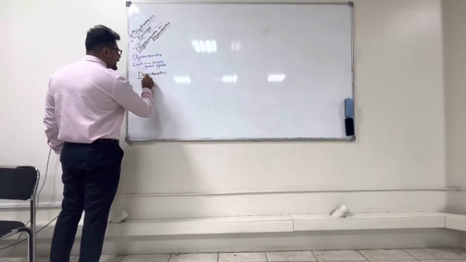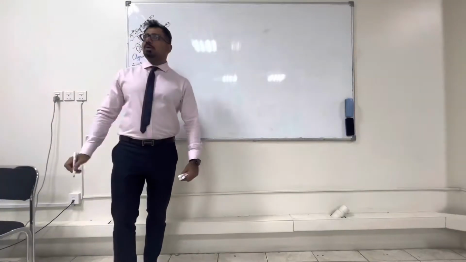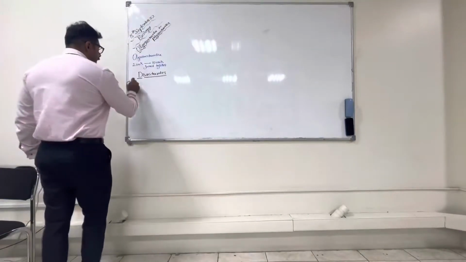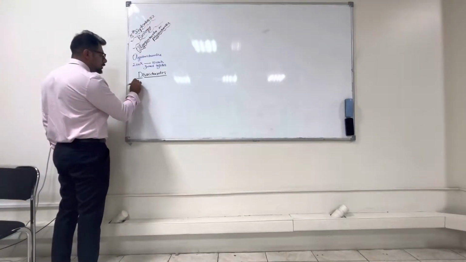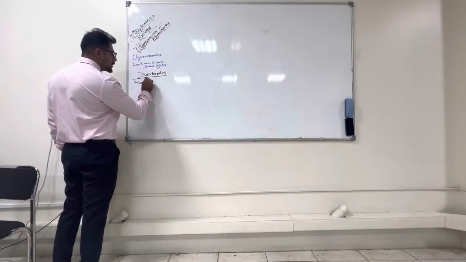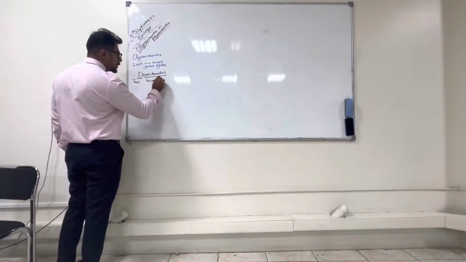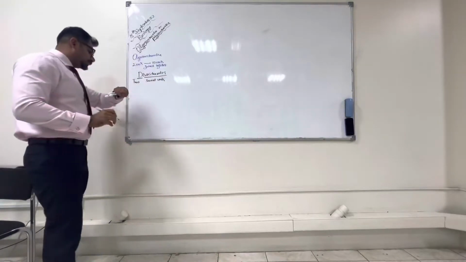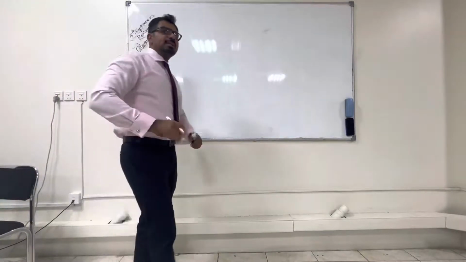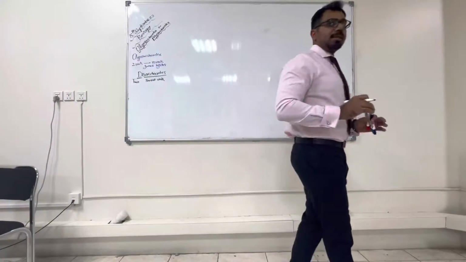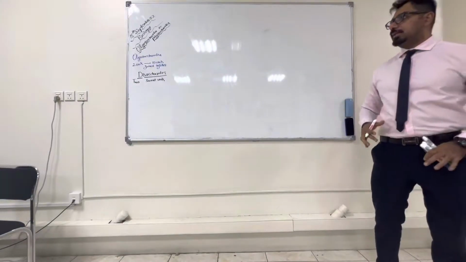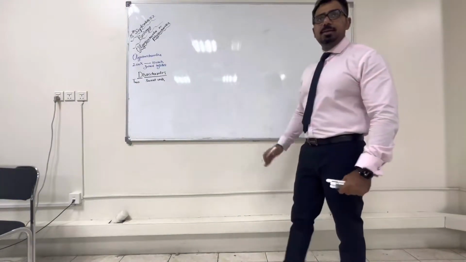Now, disaccharides, again, these are 2 words. Di means 2 and saccharide means sweet units. So when 2 monosaccharides, 2 sweet units, join together, they make a disaccharide.